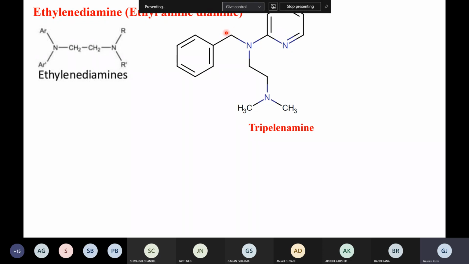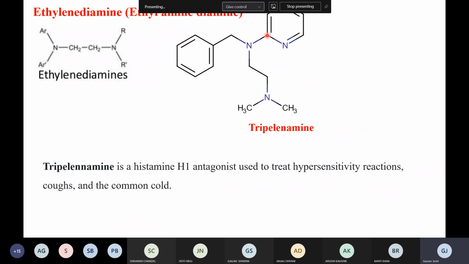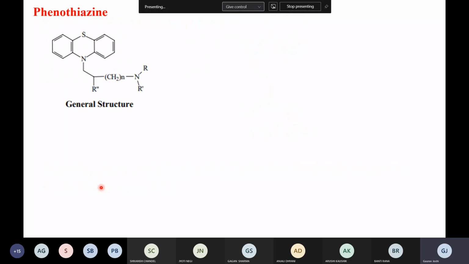They are attached at some distance. This is the important thing. So this is the methyl and this is the ethyl, right? So basically we have a second group which is the pyridyl, right? So this is the common thing. Again, it's an anti-allergic compound used for hypersensitivity reactions, coughs and common cold. So the use will be same, right?